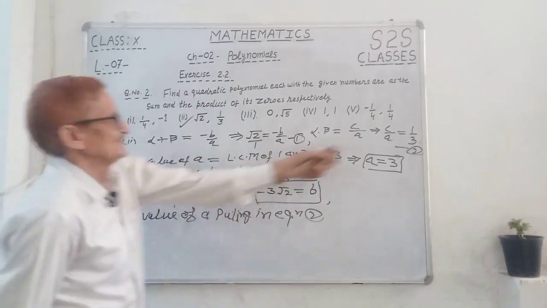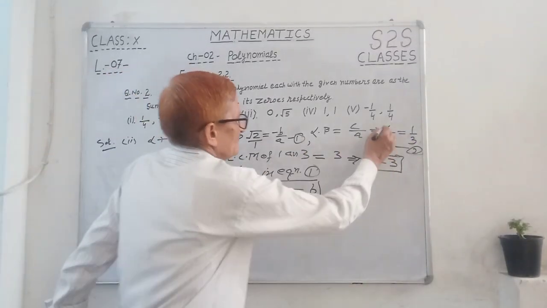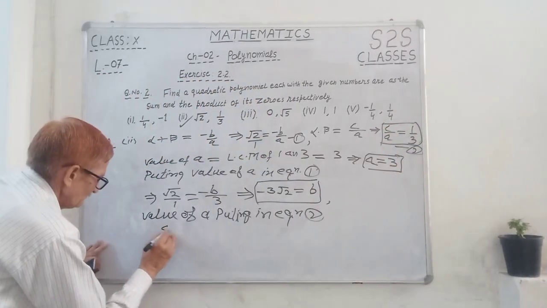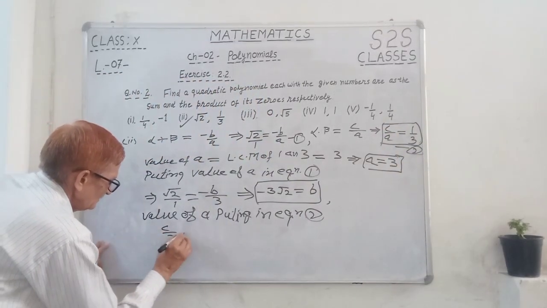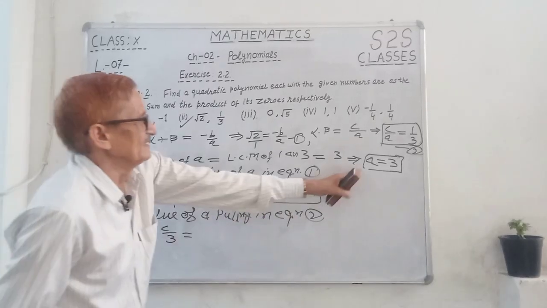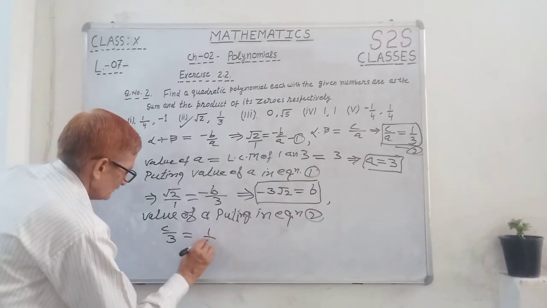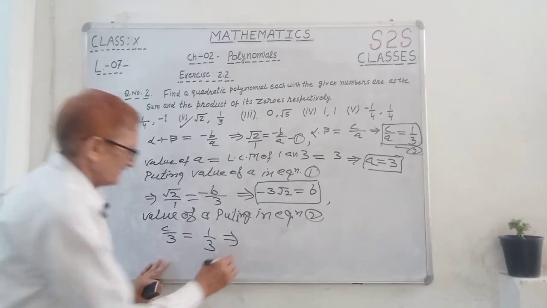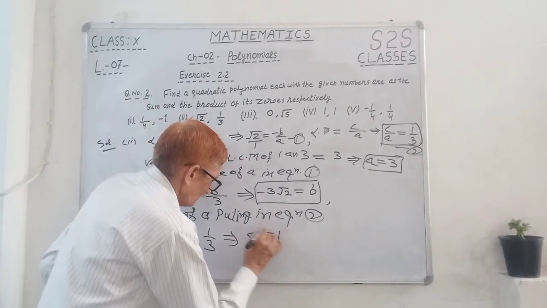Equation 2 is C upon A. Equation 2, this C upon A where A is 3 is equal to 1 upon 3. Then compare, then C is equal to 1.